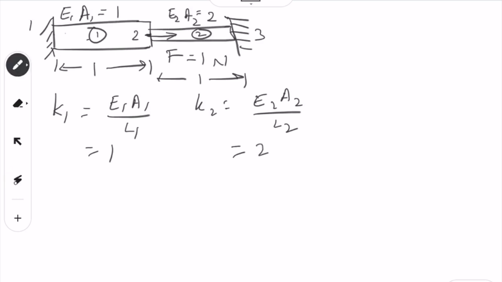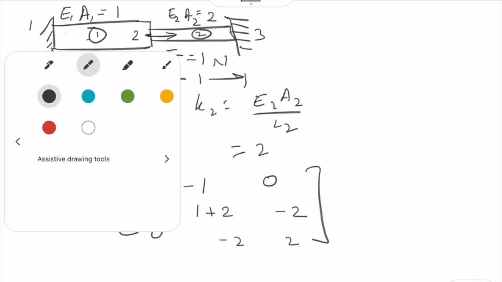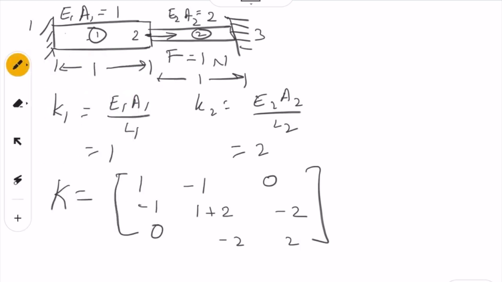So for the stiffness matrix, we get the big matrix K equal to: 1, minus 1, 0; minus 1, 1 plus 2, minus 2; 0, minus 2, 2. Why did we do it like that? Because element 1 is connected to nodes 1 and 2, so here 1, 2 and 3, here also 1, 2 and 3.